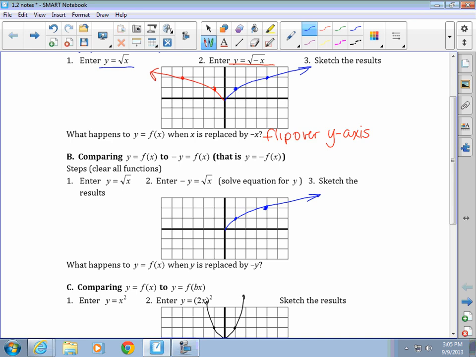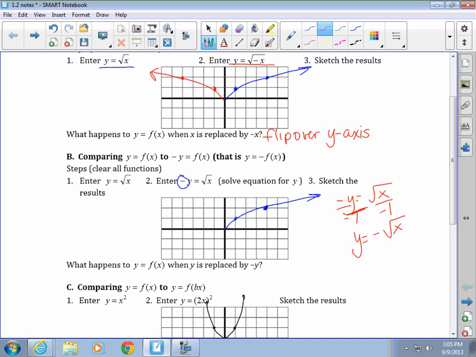Remember, on your graphing calculator we can't enter the negative like this, so we have to solve the equation for y. To get rid of that negative, you multiply or divide by negative 1. So we'll have y equals negative square root x. That's what you would enter in your calculator.